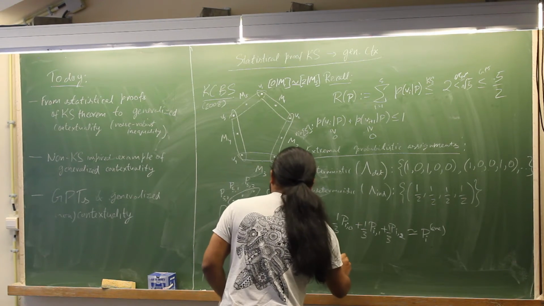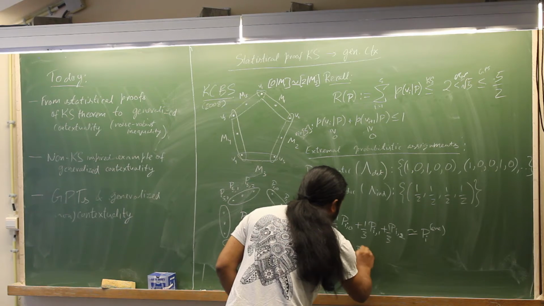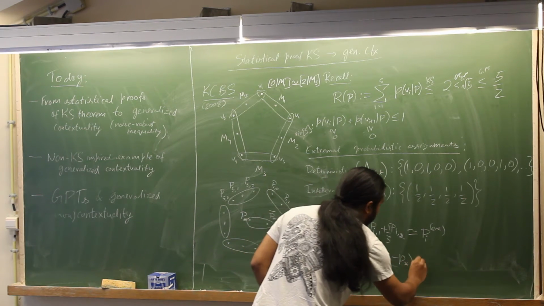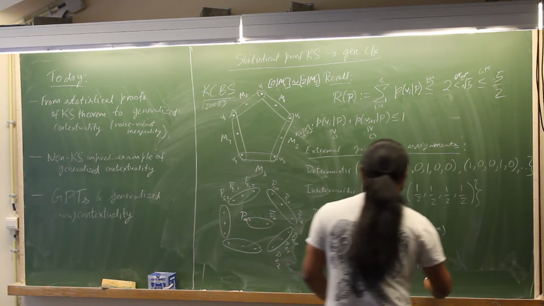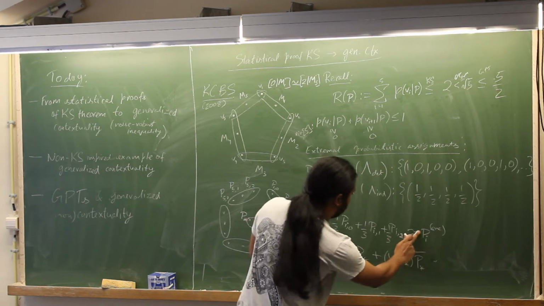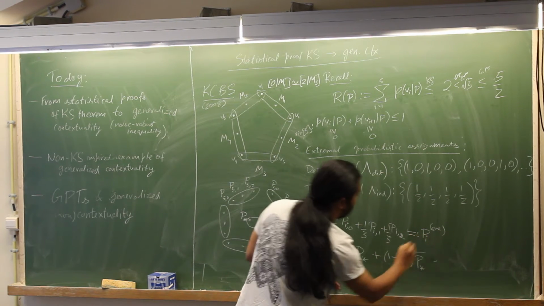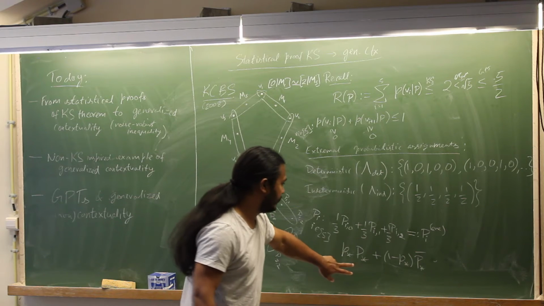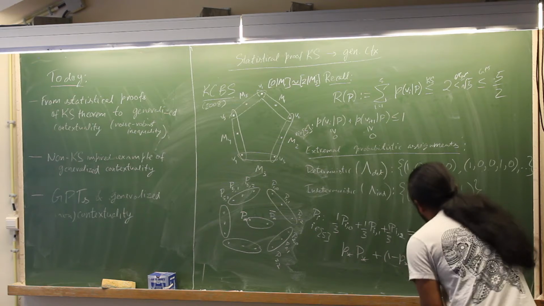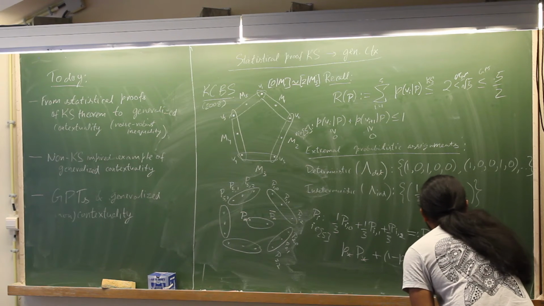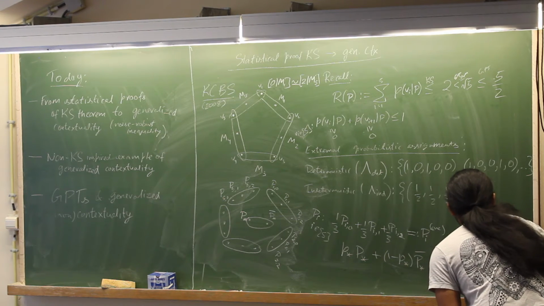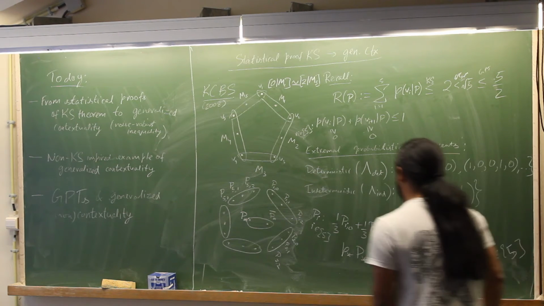And for this preparation ensemble, there is some probability with which I can mix P star and P star bar, such that this mixture is operationally equivalent to Pi average for all i from 1 to 5, these 5 sources.